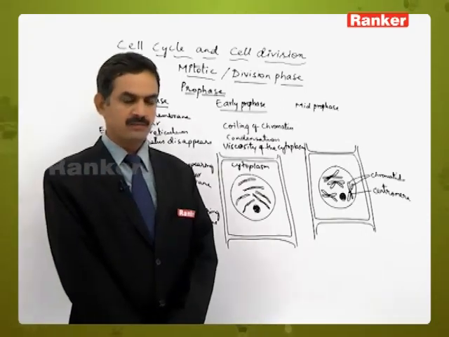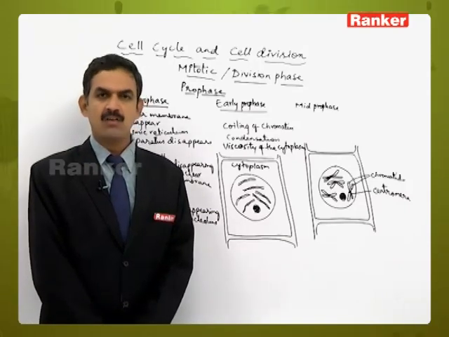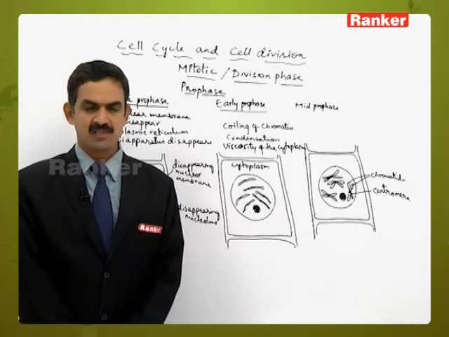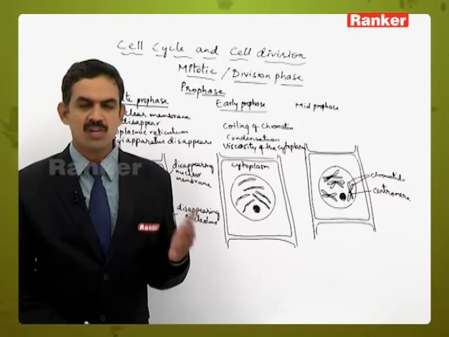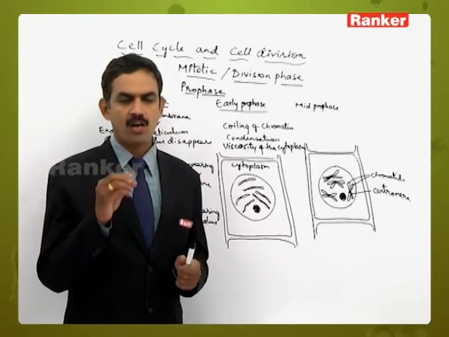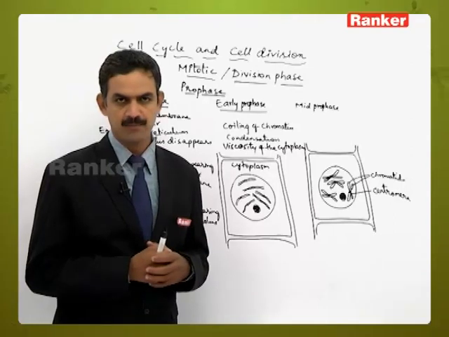Apart from this, the spindle fibers, which are required for the formation of the spindle apparatus in plant cells, and the astral fibers, which are formed in animal cells, are all initiated during the prophase stage only.